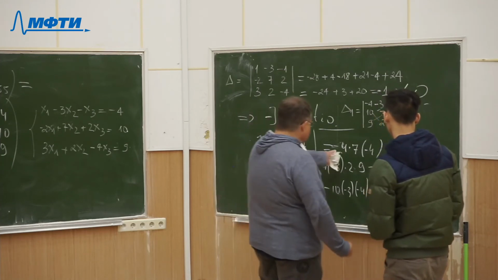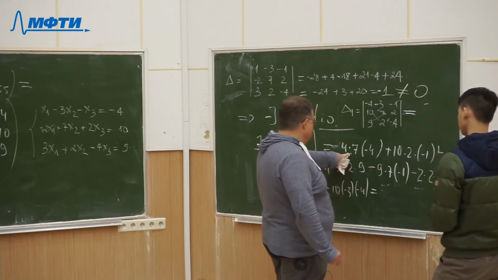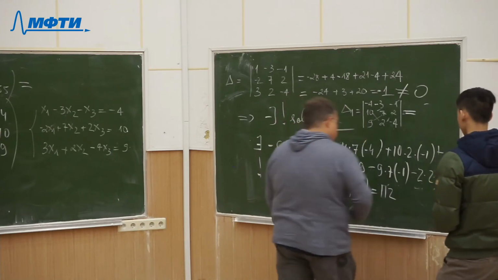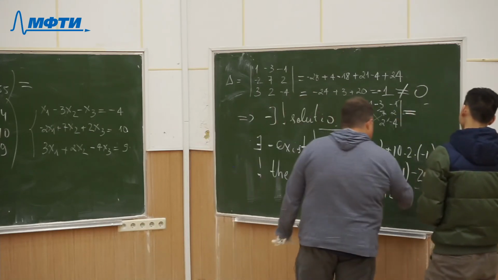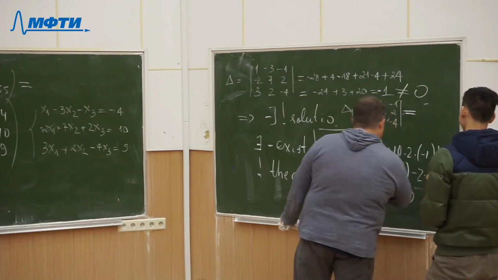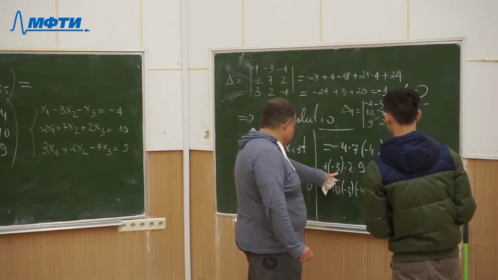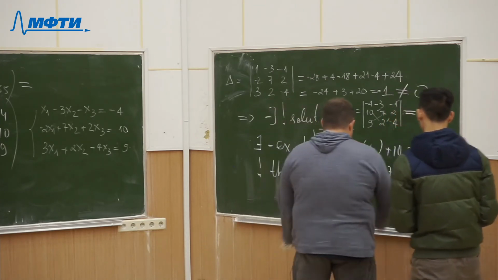It's 16 times 7. Yes, 70. 112. Yes. Minus 20 plus, minus 6 times 9. 54.